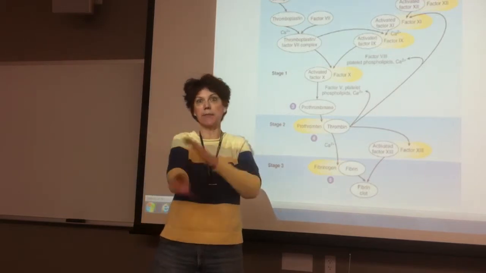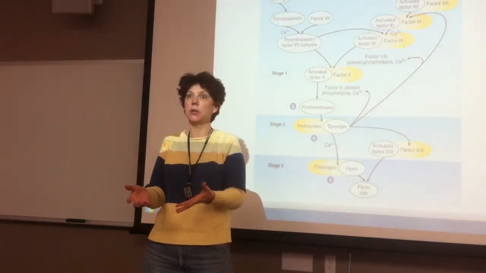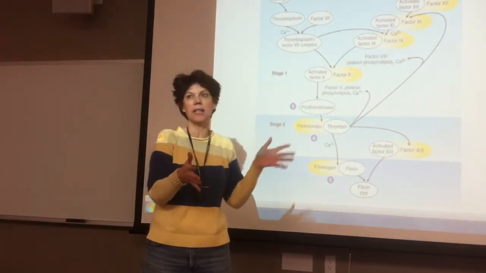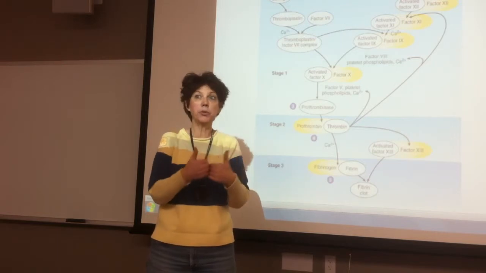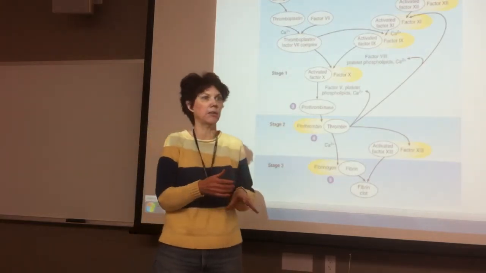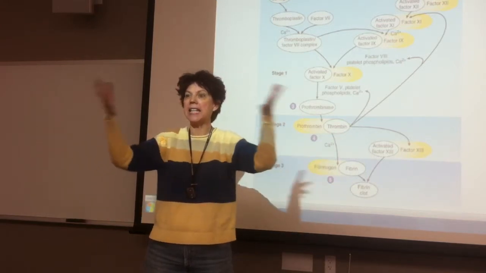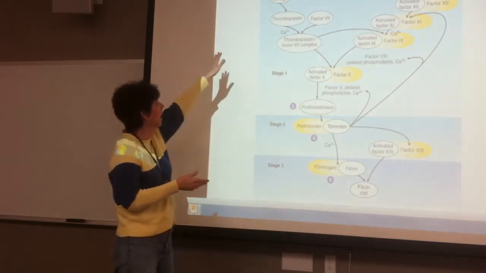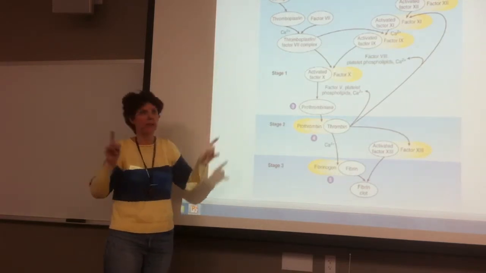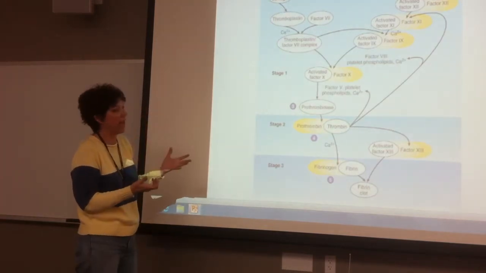This also occurs if you take blood from a phlebotomy and put it in a glass tube. The glass tube surface is foreign, it has different charges than the blood vessel wall. The key event is that all of these trigger the activation of molecules already within the blood. So we're not adding anything to the blood like we are with the tissue thromboplastin. That's the key difference in the start of these two pathways.